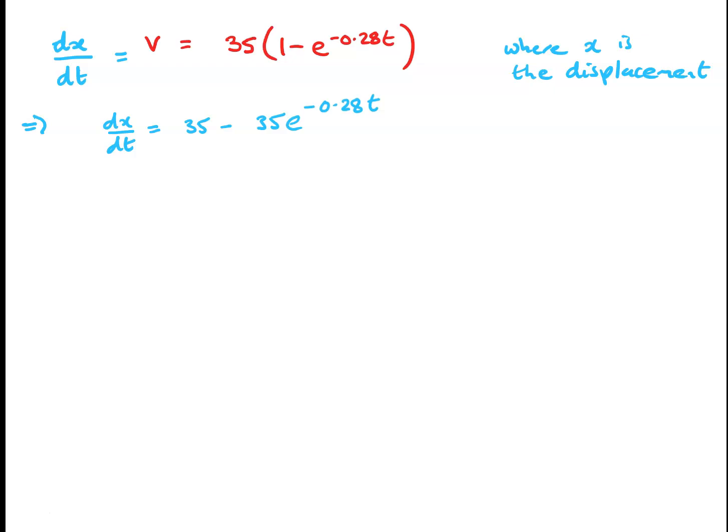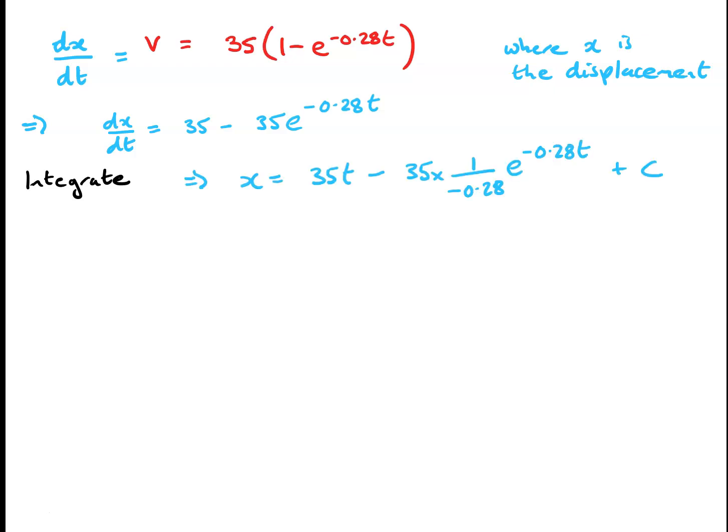So integrating will give me x equals 35t minus 35 times 1 over minus 0.28 e to the minus 0.28t, add c, which becomes x equals 35t plus 125 e to the minus 0.28t plus c.